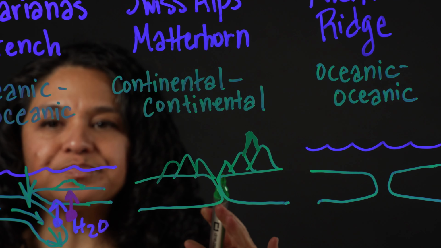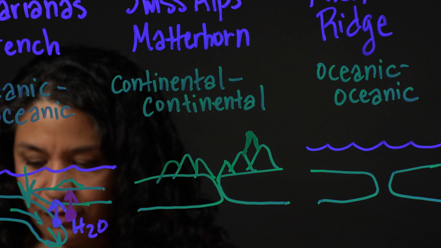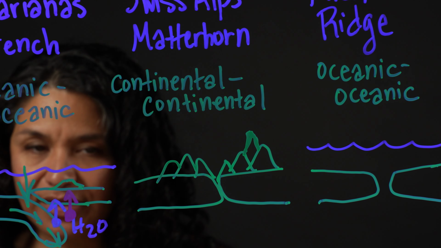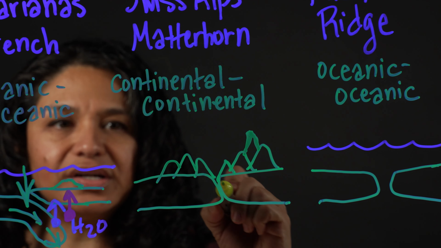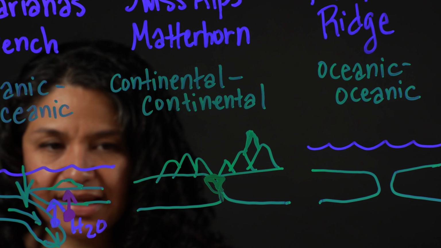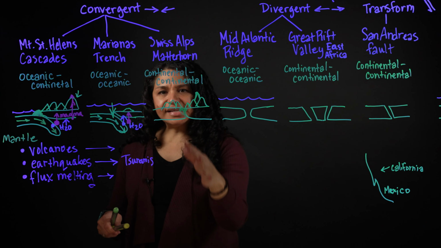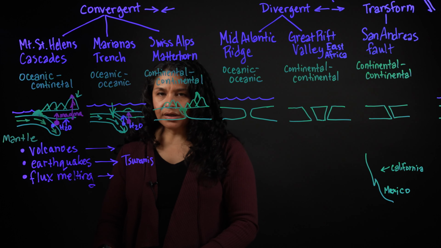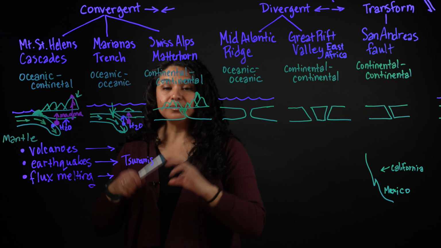Okay, so these continents are forming together. They're grinding together. We'll also have some accretion as well, right? Because they're kind of being cemented together. But one is not subducting, so we're not going to really have a lot of volcanic activity. So mainly we're going to have a lot of earthquakes.